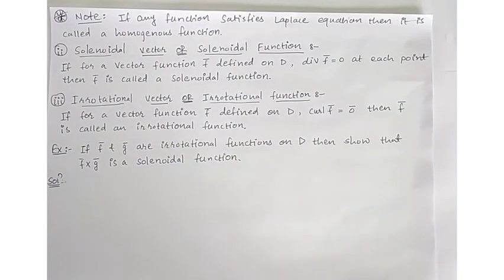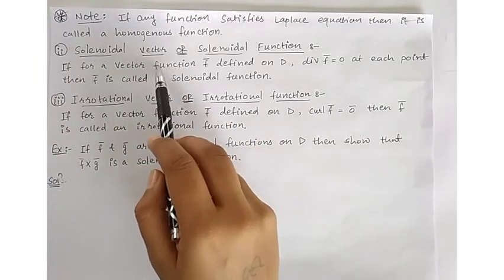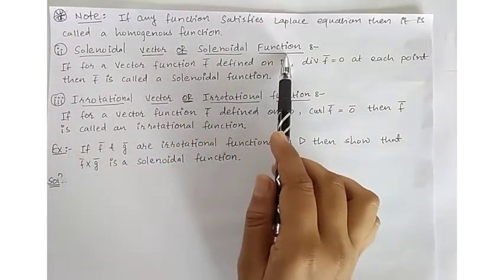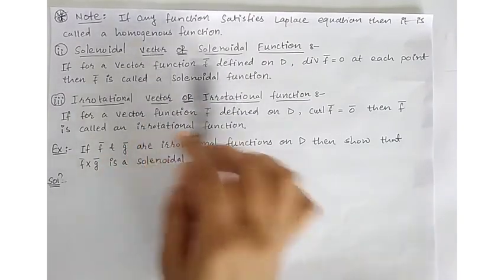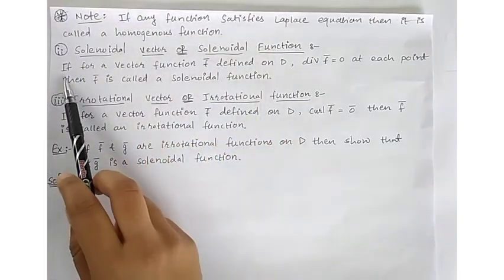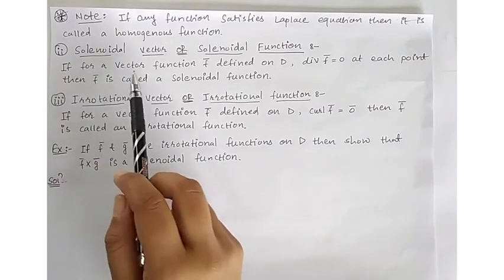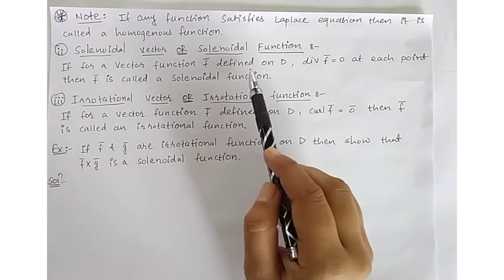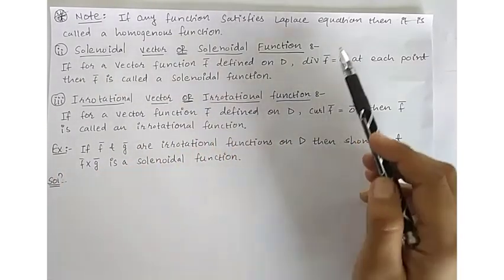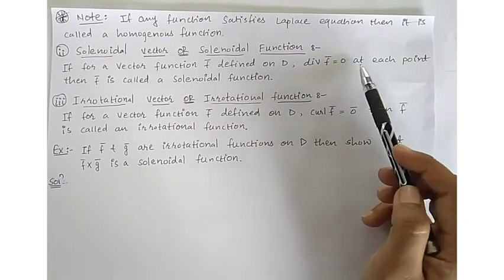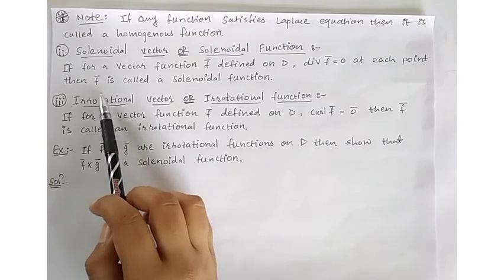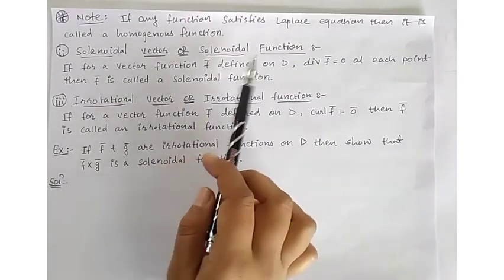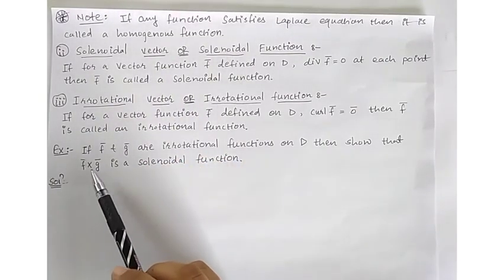Now the next definition is the solenoidal vector or solenoidal function. You can say vector or function. So the definition is, if for a vector function f bar which is defined on domain D, the divergence of f bar is 0 at each point, then my function f bar is called a solenoidal function or solenoidal vector.